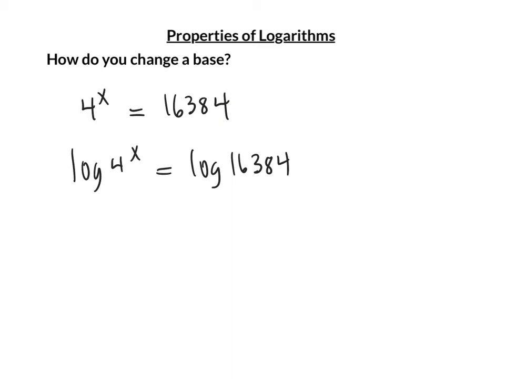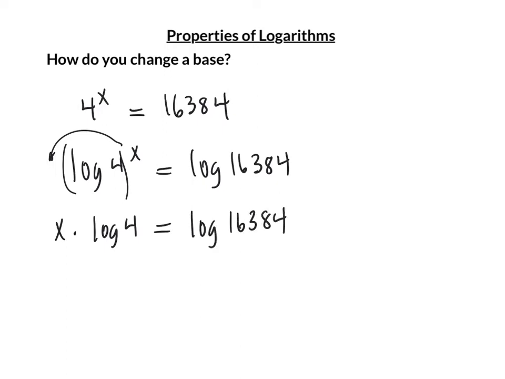We have a log rule that says that when you have an exponent to an exponent, because a log is an exponent, we can bring this thing down. We multiply our exponents. This is x times the log of 4 equals the log of 16384. Because there's times here, to get x by itself, we divide.